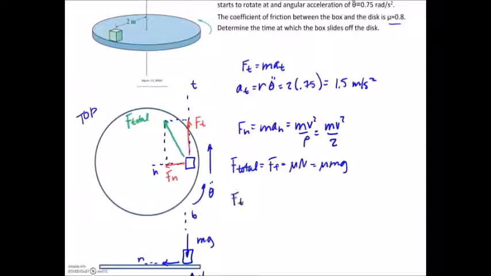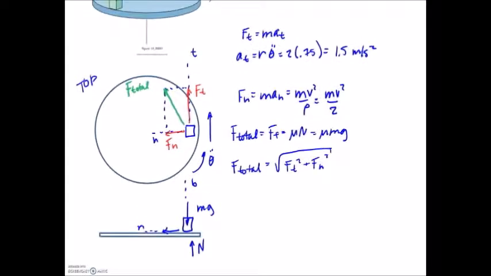F total is equal to the square root of F tangent squared plus F normal squared. And I'm just going to put in the values here.